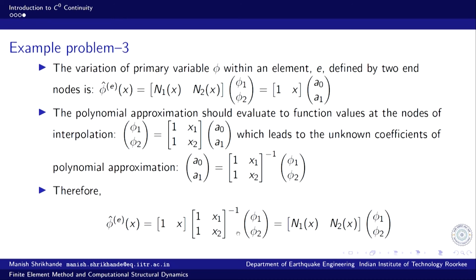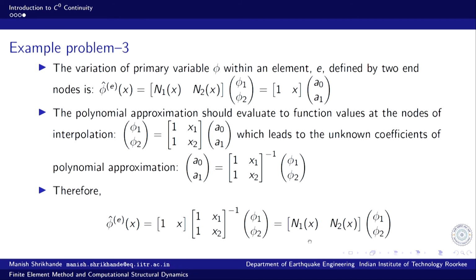When we compare this with the first structure, phi 1, phi 2, we realize that the interpolation functions N1 and N2 are essentially the product of these two matrices. This is the polynomial term and this is the inverse of the coordinate matrix. So, this is referred to as P C inverse.